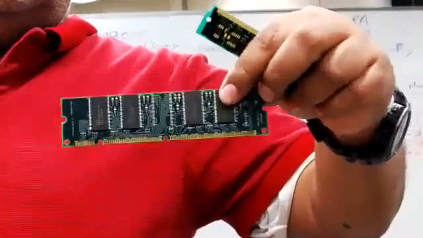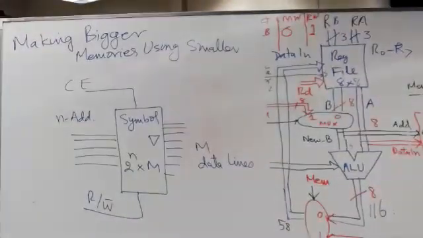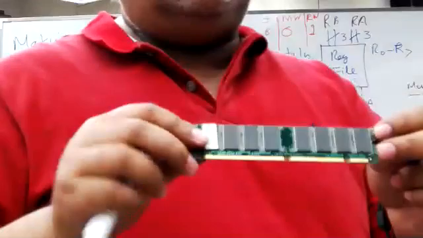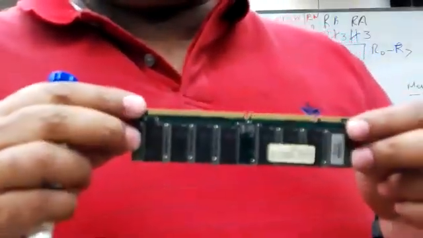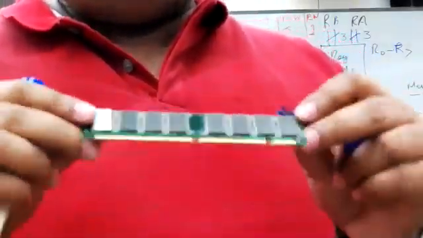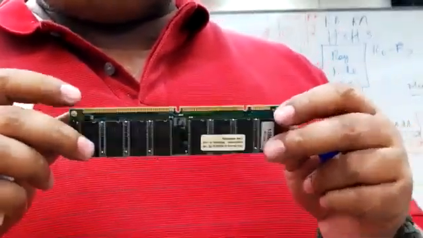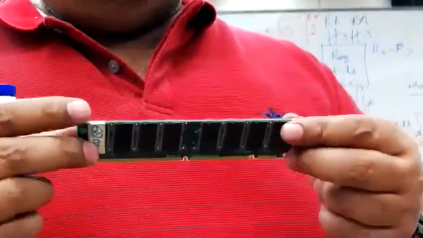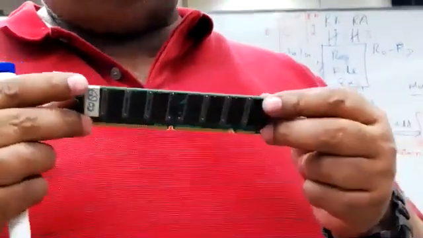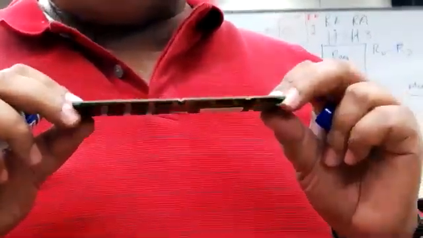Here, the 4 chips over here. These, on the other hand, have chips on both sides, as you can see. So they are called DIMM, dual inline memory modules.